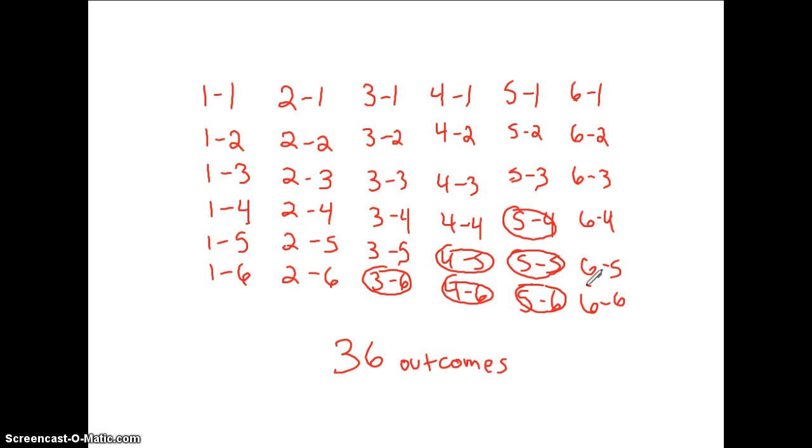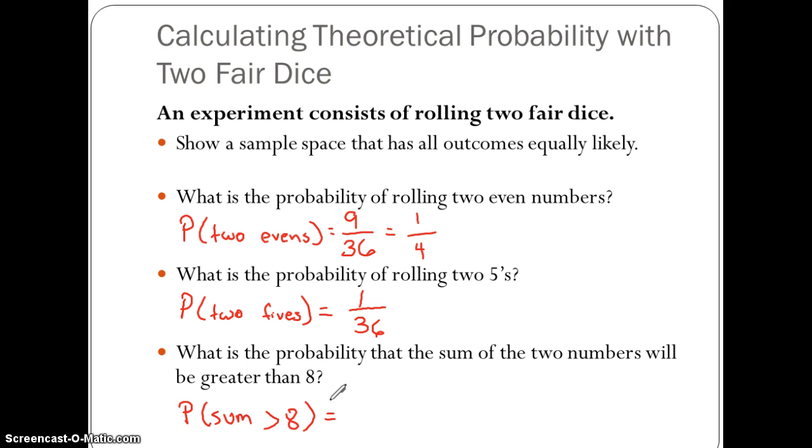That's not one of them. 12, 11, 10, 9, 8. Stop there. So we have a total of 1, 2, 3, 4, 5, 6, 7, 8, 9, 10 of those numbers that add together to get more than 8. So you have your fraction, which is 10 over a total of 36. And when you simplify, divide by 2, you get 5/18.